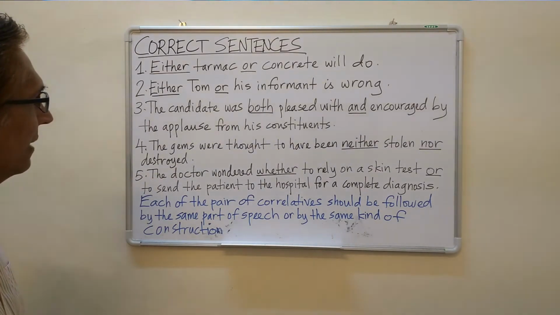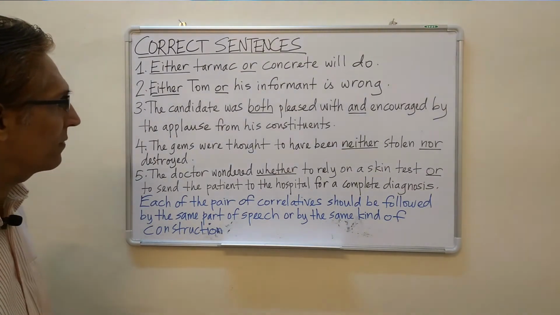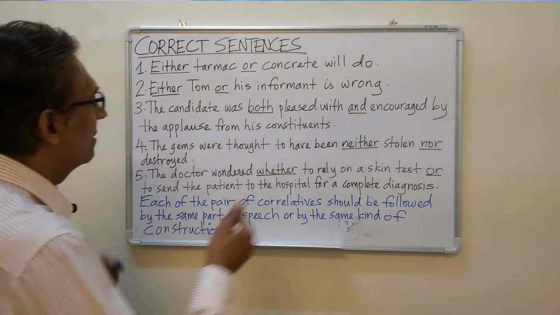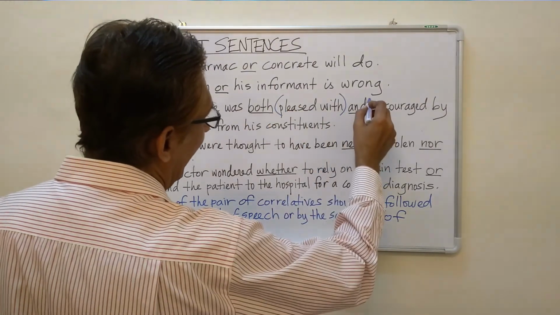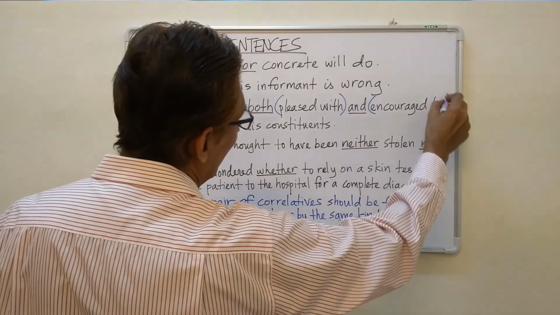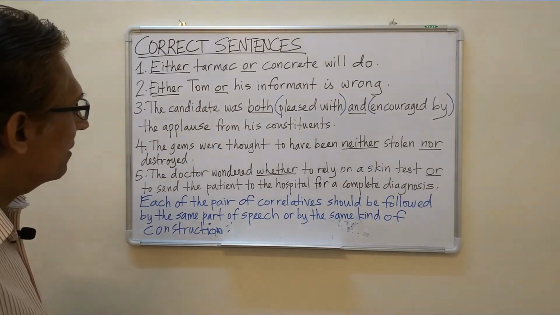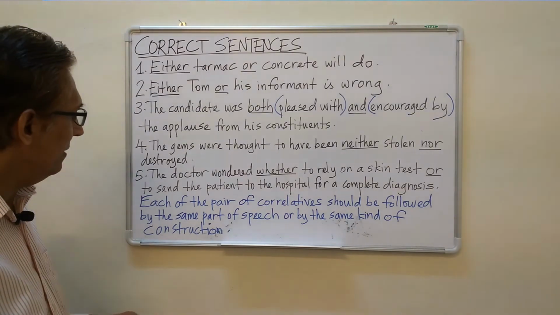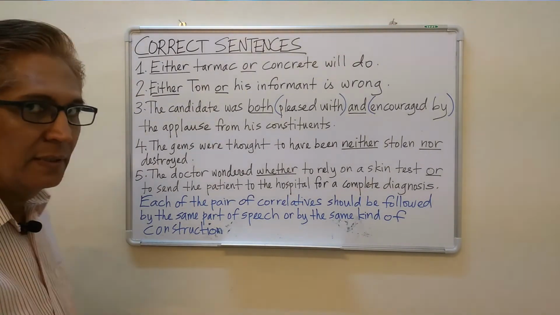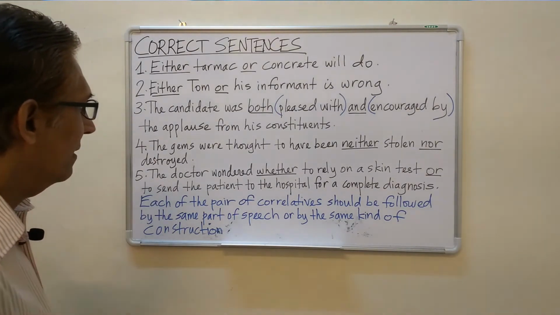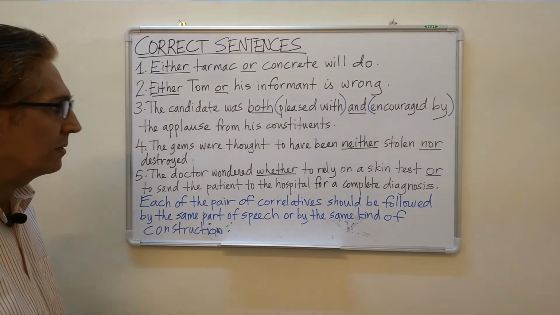Number 3, the candidate was both pleased with and encouraged by the applause from his constituents. Both here is followed by the phrase pleased with and is followed by the phrase encouraged by. Number 4, the germs were thought to have been neither stolen nor destroyed. Number 5, the doctor wondered whether to rely on a skin test or to send the patient to the hospital for a complete diagnosis.